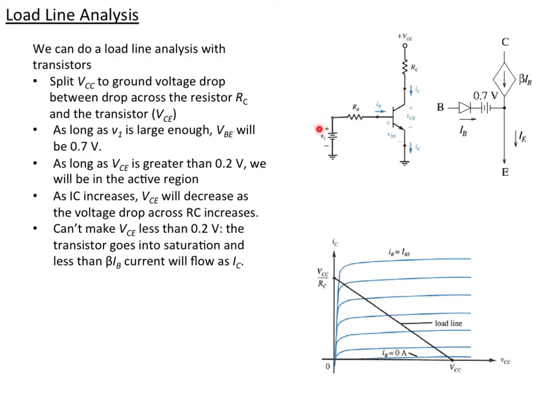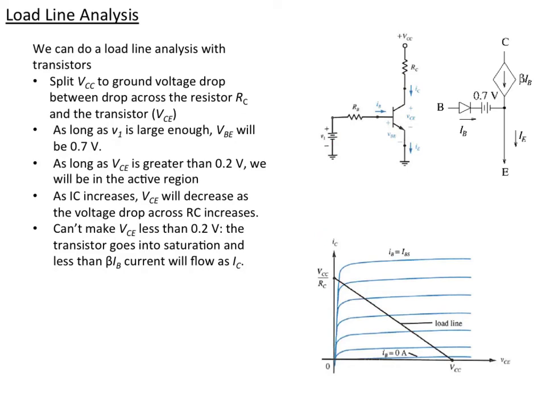And so if we increase this voltage, we'll increase the current here, and that'll control how much current actually does flow here. If more current flows here, then we're higher up on this line, and the voltage will drop between the collector and the emitter.